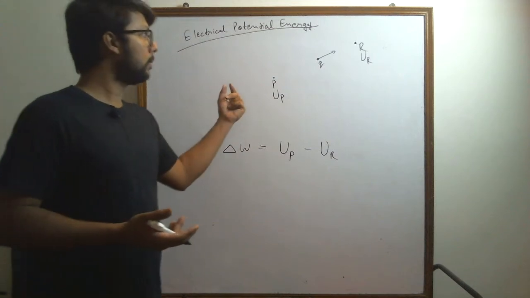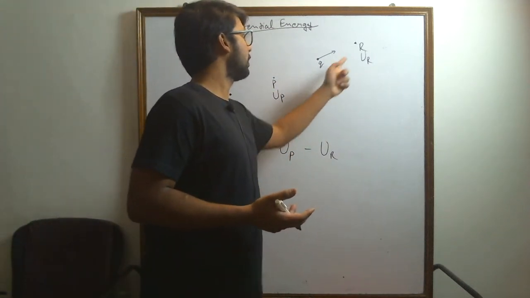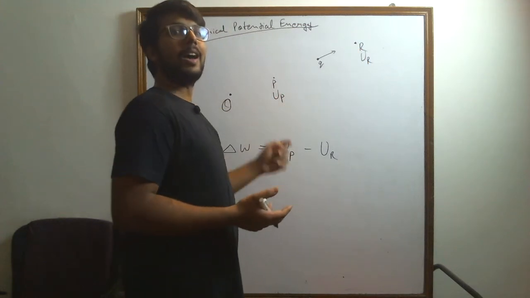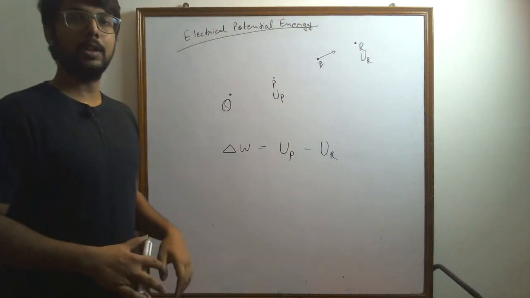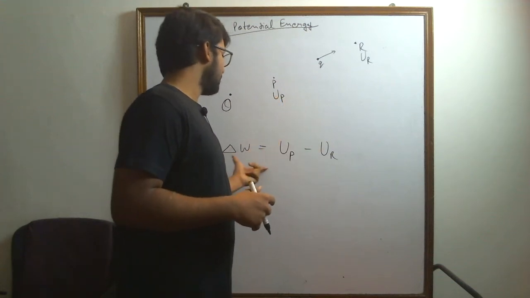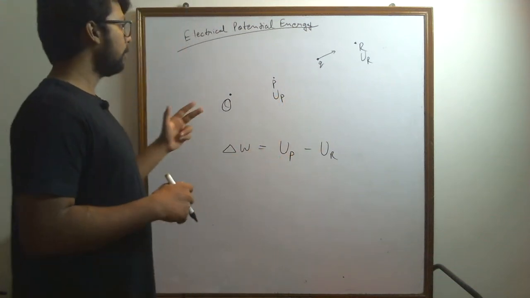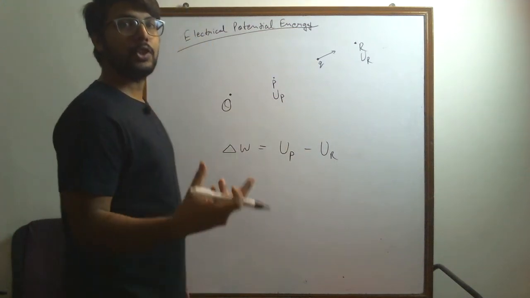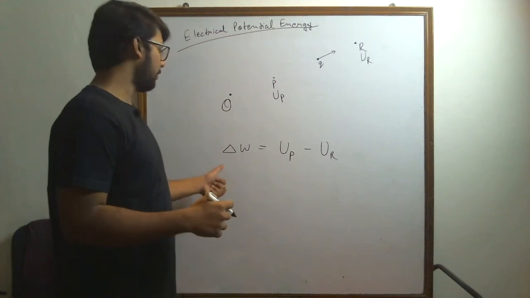But the moment I have a comparison, oh, I have another point R, and compared to R, P has a greater potential energy, that means something. And how much is the difference? This is the difference, right? Therefore, potential energy is always mentioned and taken as a difference.